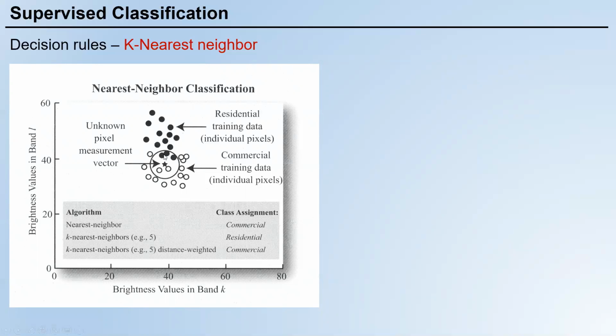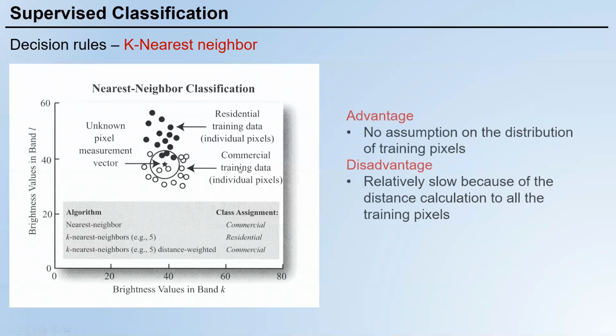Say 3 of these 5 pixels belong to residential and 2 of them belong to commercial. Now you have to decide if the class of this candidate pixel should be residential or commercial. There are different methods to decide that.